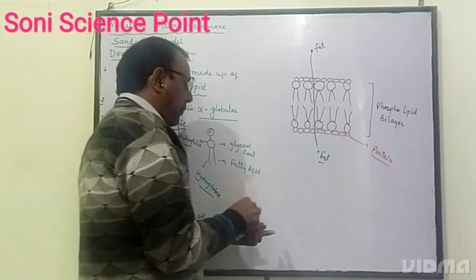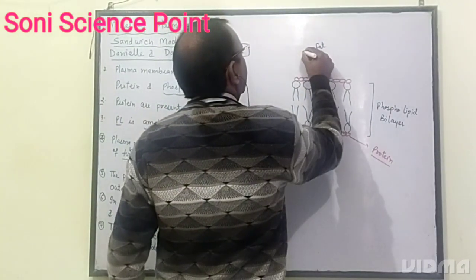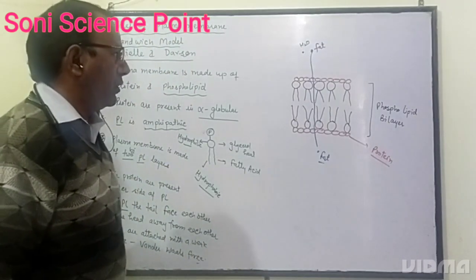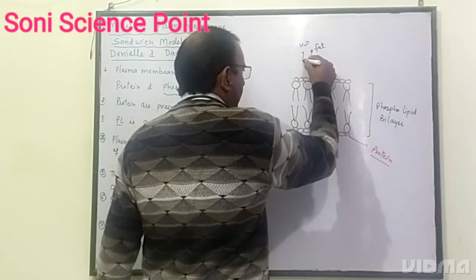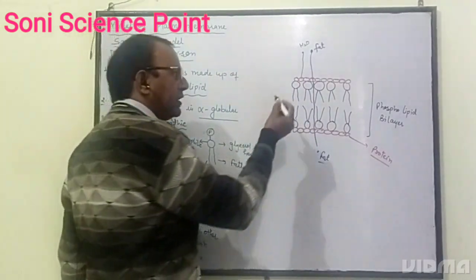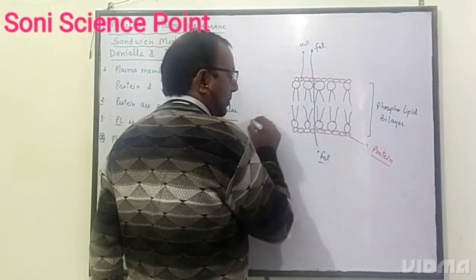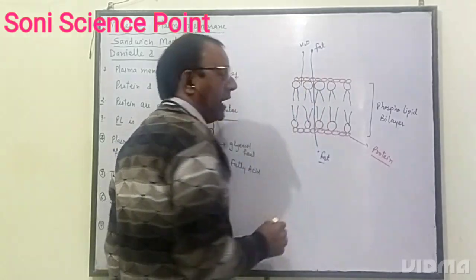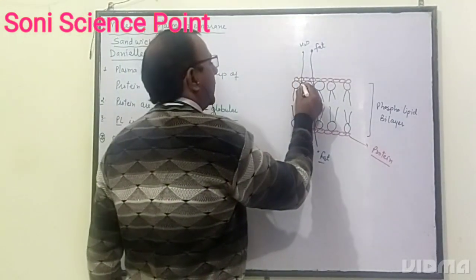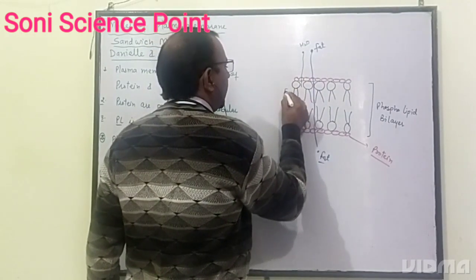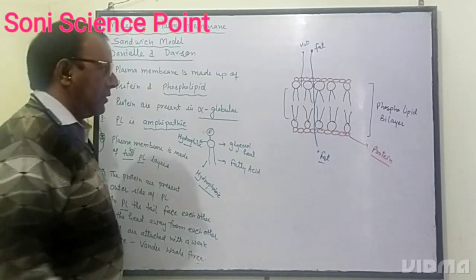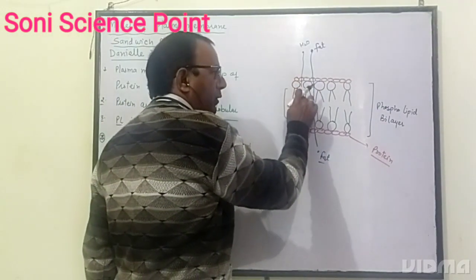Second one is water molecules. Can water molecules pass through or not? The water molecules pass through the protein, which doesn't create any problem. Then the head is hydrophilic, meaning it reacts with water, so the head creates no problem, but the area which contains fatty acid doesn't allow the water molecules to pass through.